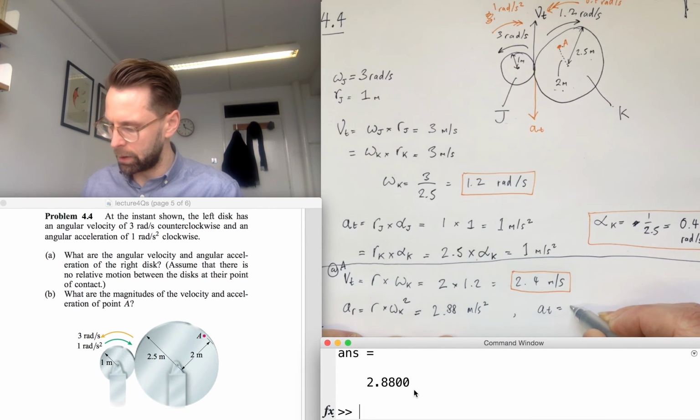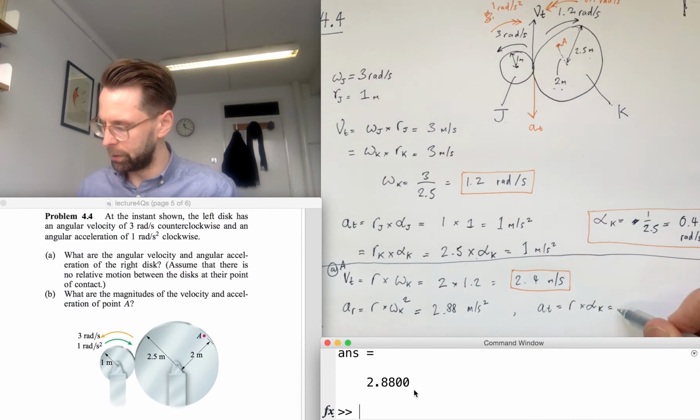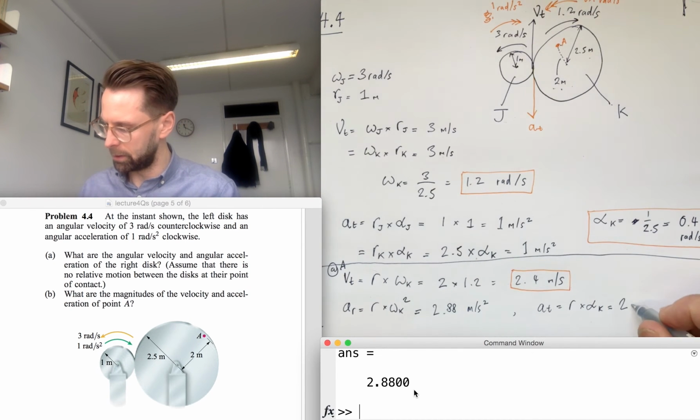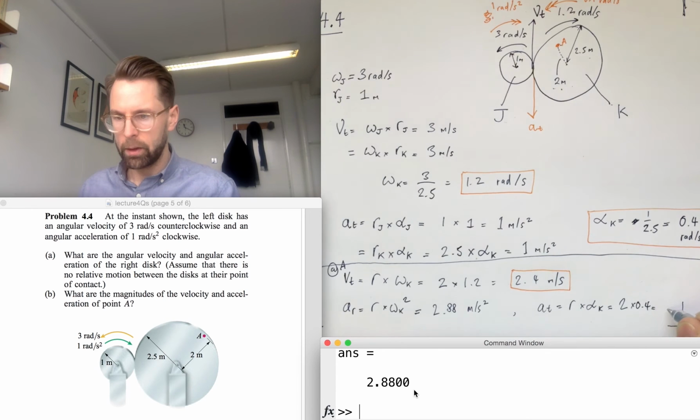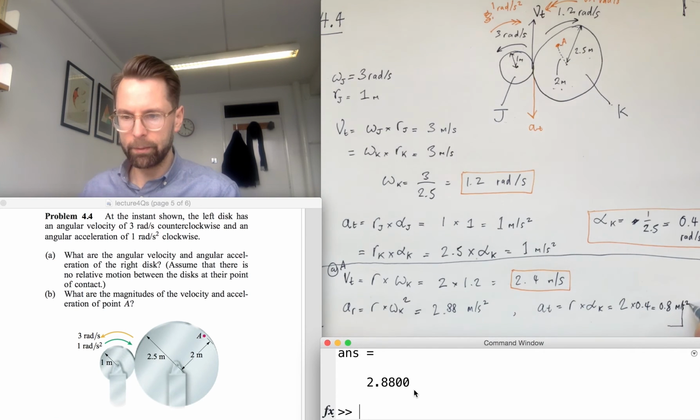And you've also got a tangential component, which is equal to R times alpha K. So 2 times the angular acceleration we calculated here, 0.4. So that's equal to 0.8 meters per second squared.